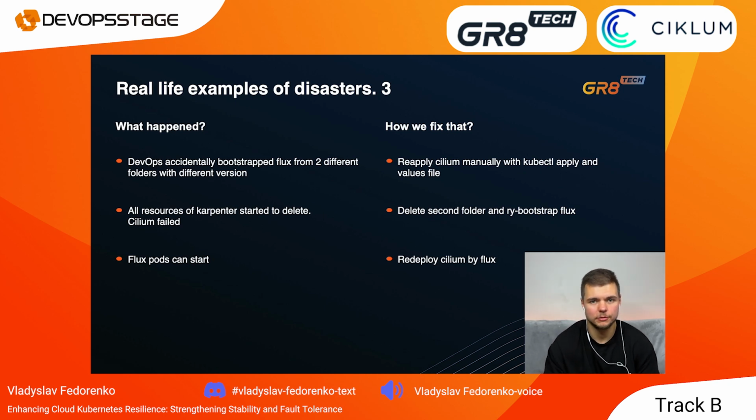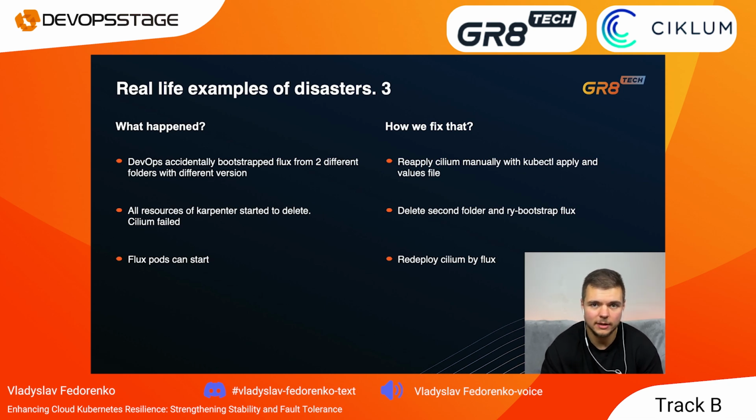First of all, you need to restore your network, because without network, nothing will work properly. To restore Cilium, as we are unable to deliver it, we have to apply Cilium manually. We had Cilium deployed with Flux at the time, so we used kubectl apply with a values file to bring the Helm chart back.